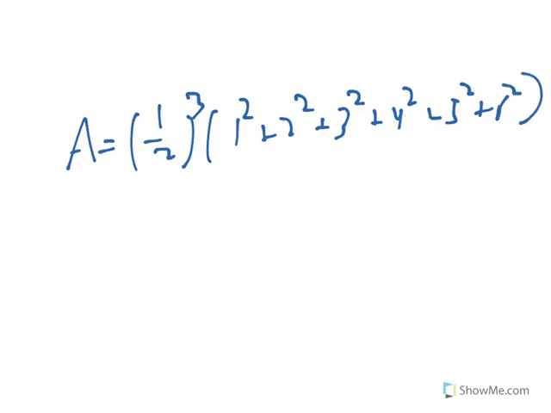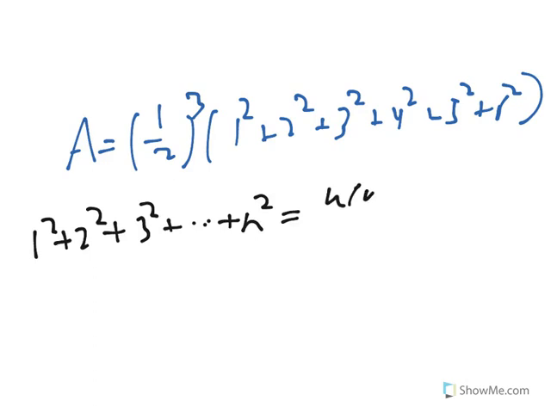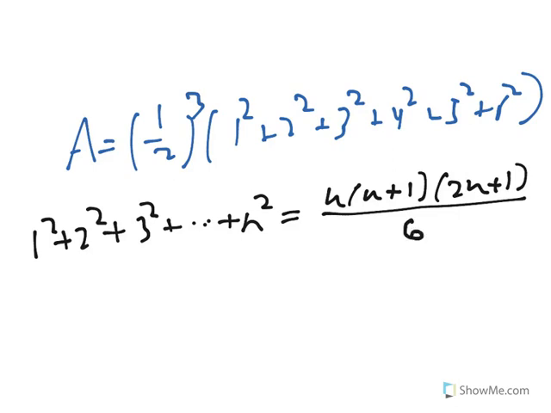Now most people don't know that there is, just like there's a formula for 1 plus 2 plus 3 up to n, a formula for 1 squared plus 2 squared plus 3 squared plus dot dot dot plus n squared. And it actually starts off n times n plus 1 just like the other one, but then it has this mysterious 2n plus 1, and the denominator is not 2 or 3 but 6. So we'll just say that that's a formula that we're not going to prove in this video.